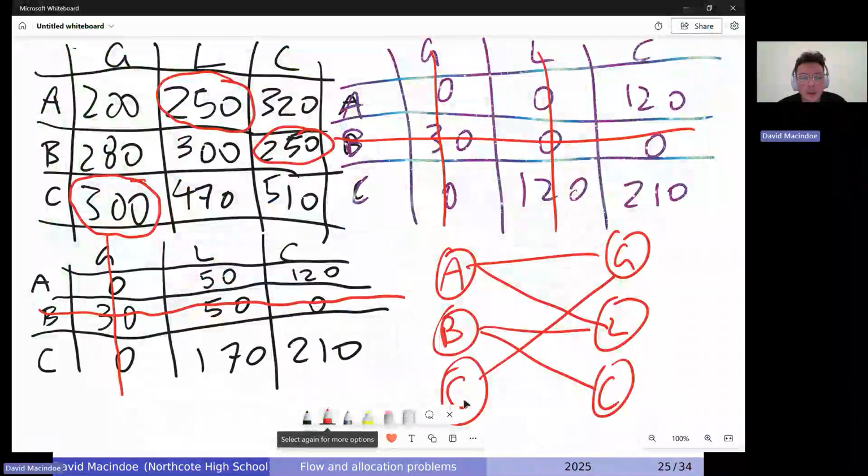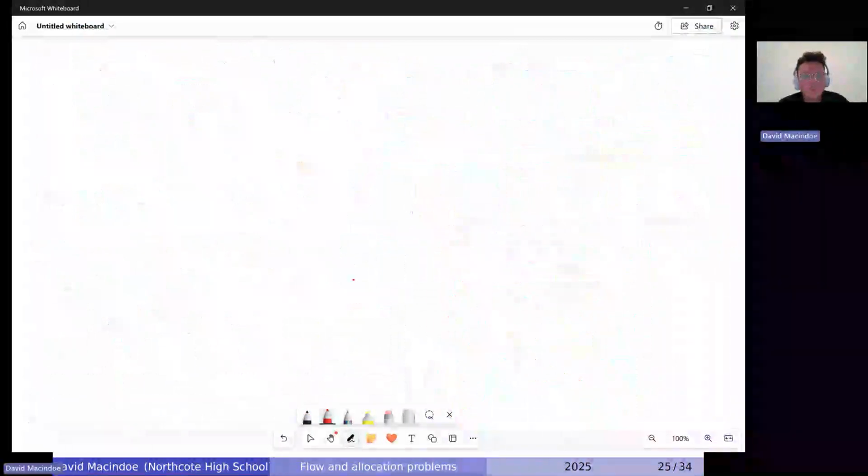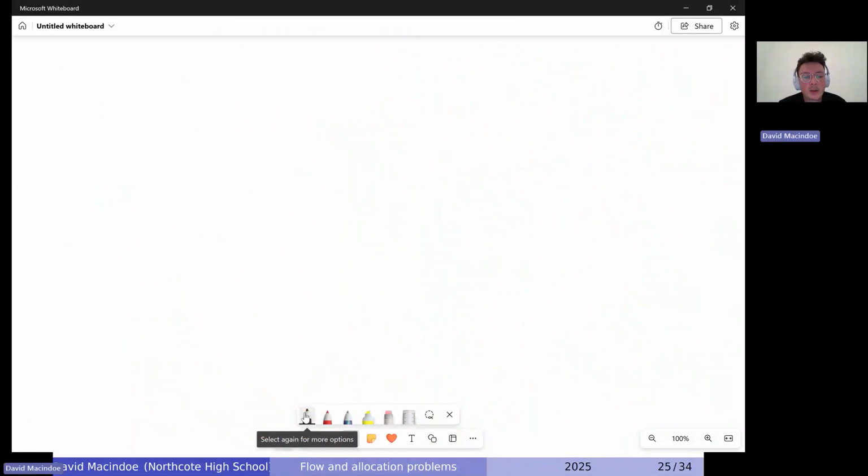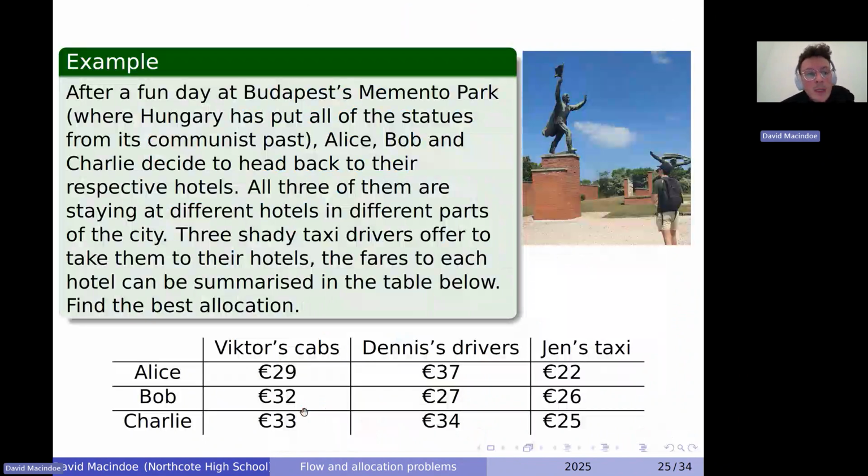So I'll just clear my whiteboard here, and we'll have to copy it over again. If you'd like to give this a little read, you could pause the video and read it, understand a bit of what is being asked. But basically, we're just trying to do the Hungarian algorithm on the table down below.